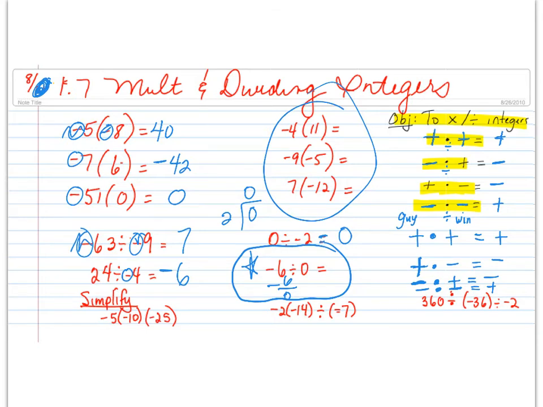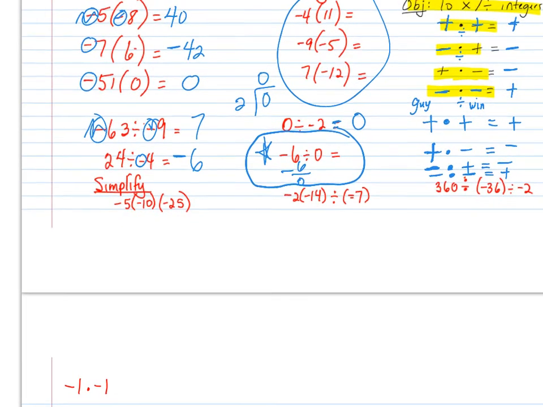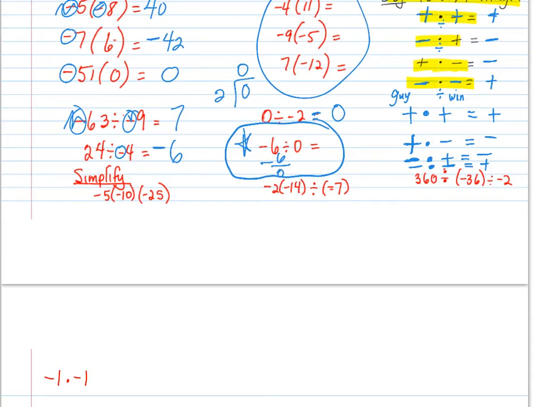Now, simplifying. Okay? Simplify means we follow the order of operations. So notice on this problem, it's a negative times a negative times a negative. It's all multiplication. Well, if I take a negative times a negative, that's a positive, isn't it? Times another negative, that would give me an answer that's negative.